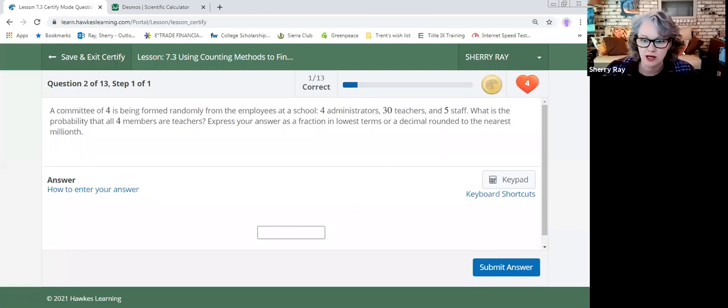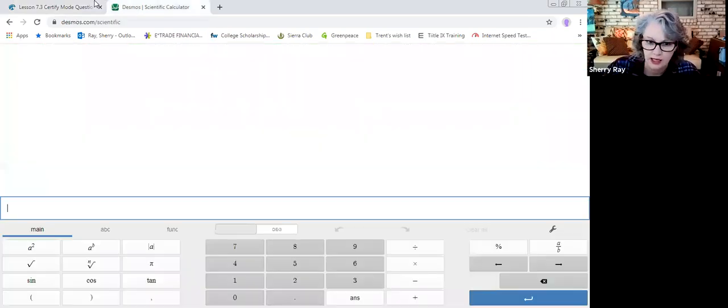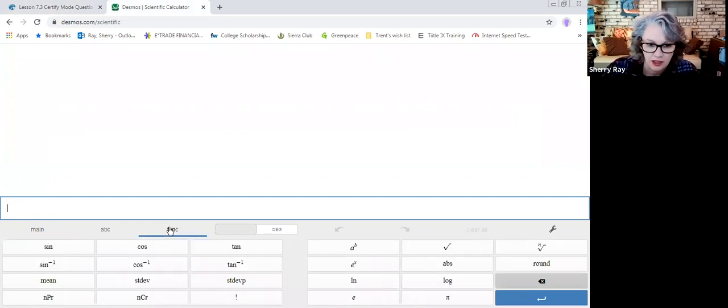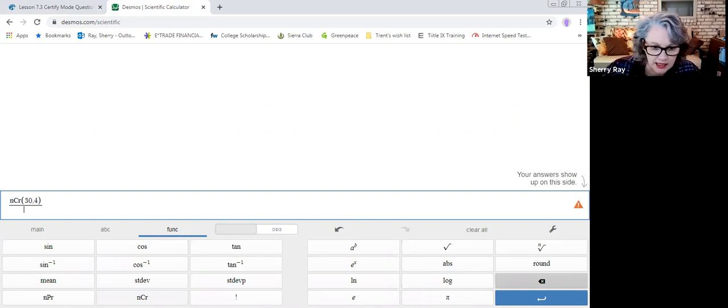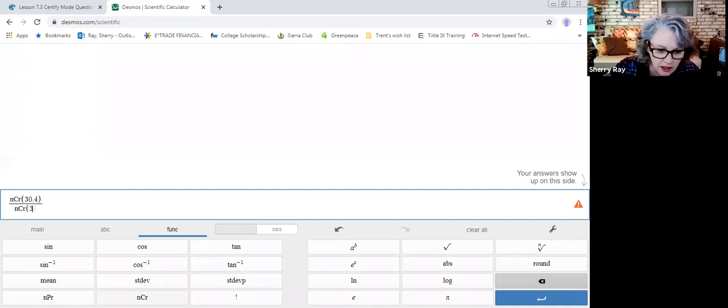And so I'm going to go to my Desmos calculator, and I have to go to function right here. And down here I see combination. So I see 30, comma 4, close my parentheses, divide, and then I have combination 39, comma 4.